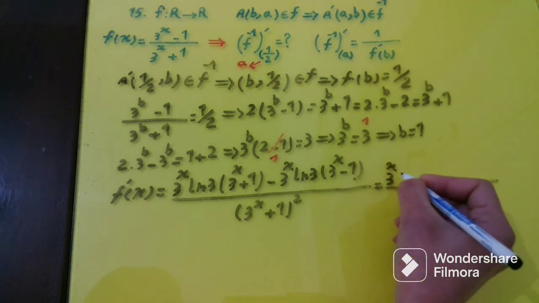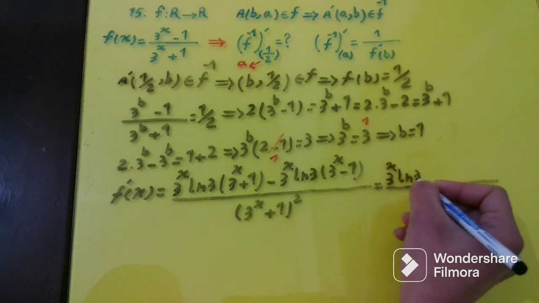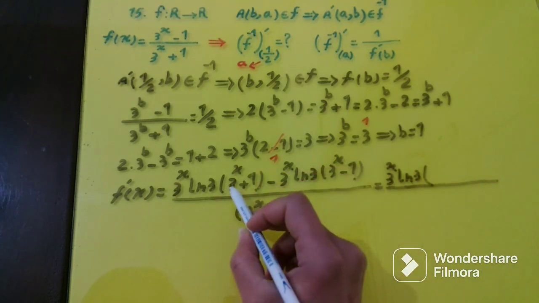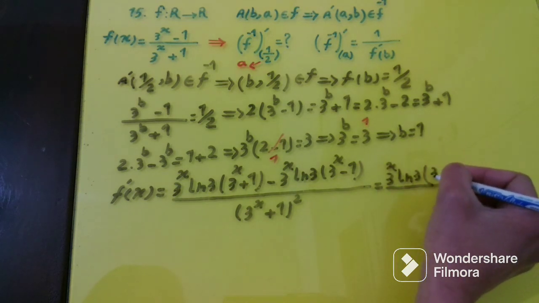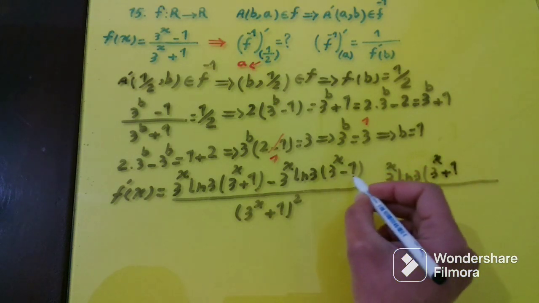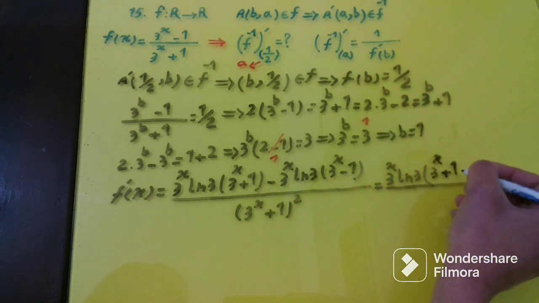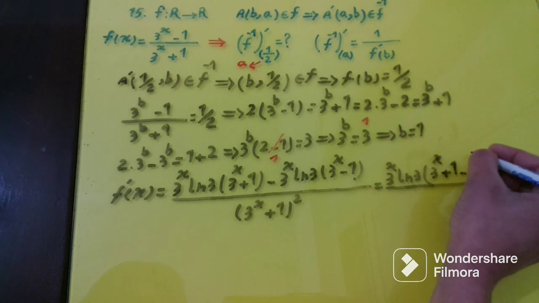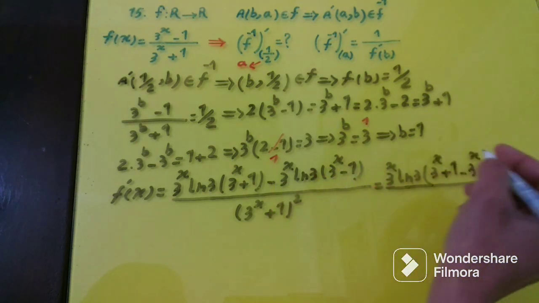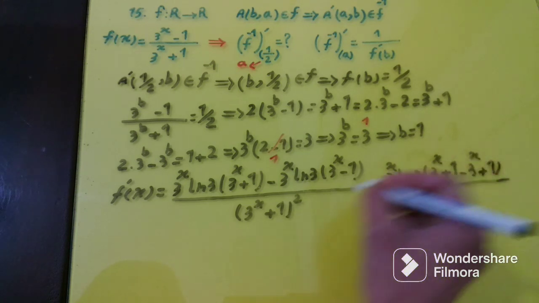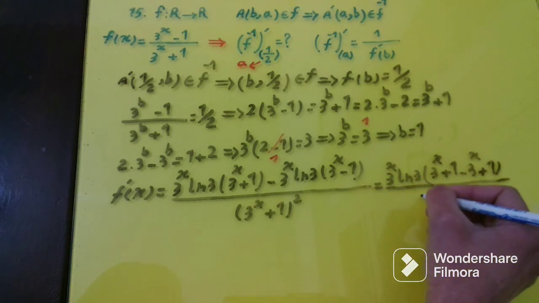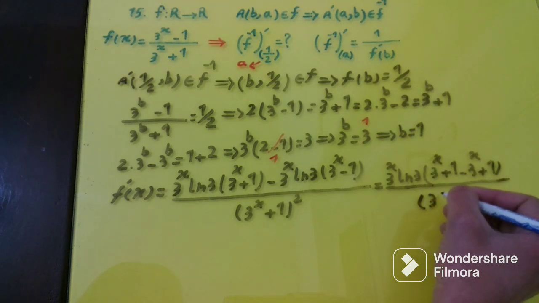3 to the x ln of 3. For this term, 3 to the x plus 1. For this term, negative 3 to the x plus 1. Repeat. 3 to the x plus 1 to the 2.